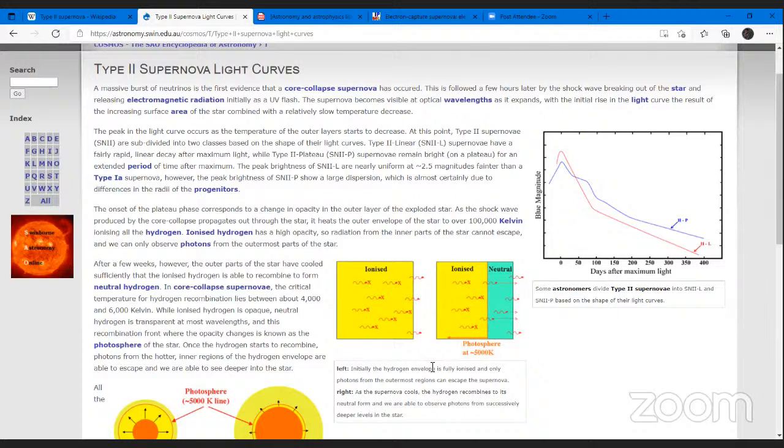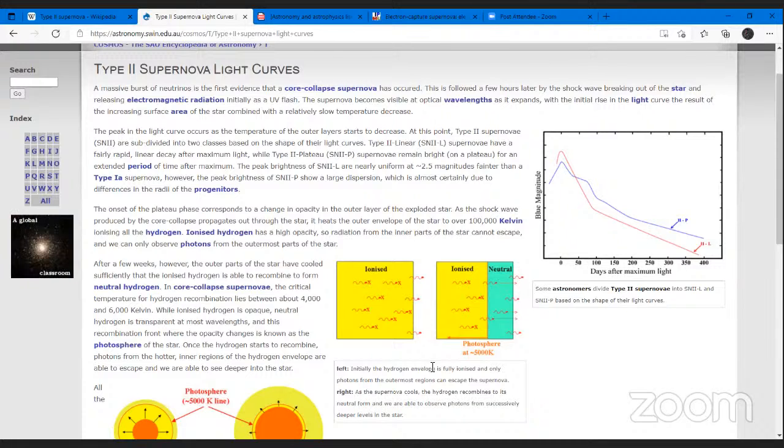So neutral hydrogen is transparent at most wavelengths, and after a certain time the transition phase is happening at the outer layer. From that point we will be calling the outer layer the photosphere of the star, because from that point luminosity starts increasing, right? So in this time it is called the photosphere of the star.